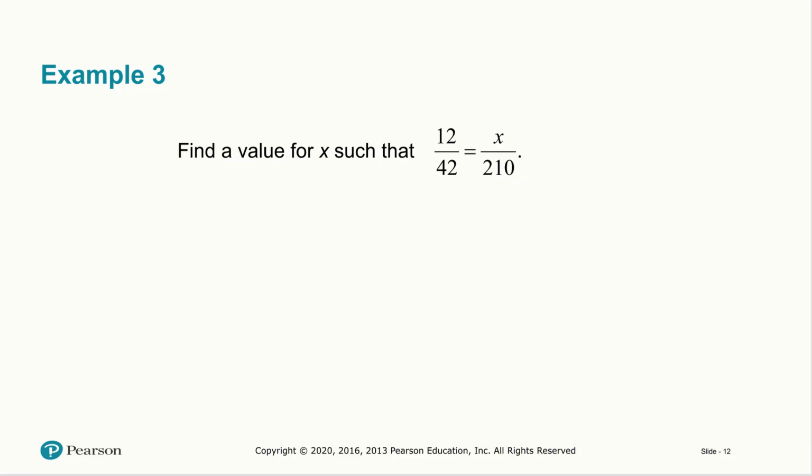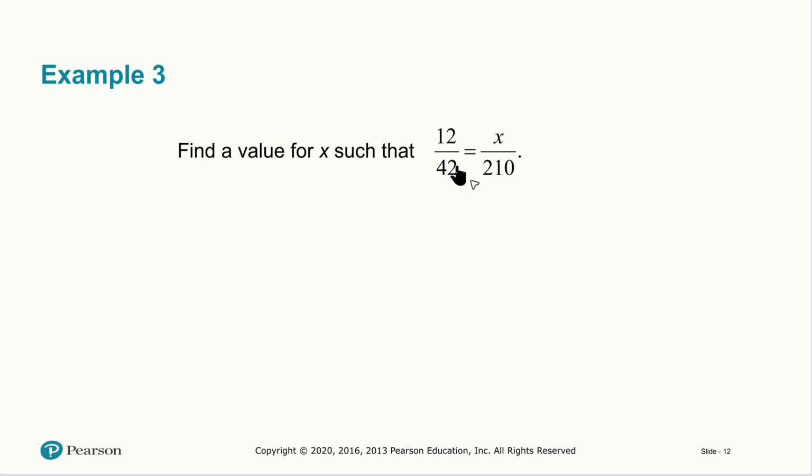Okay, let's go ahead and take a look at a quick application of the fundamental law of fractions, which basically says you can take any fraction and multiply the numerator and the denominator by a fixed number and leave the value of the fraction unchanged. So notice that here all I need to figure out is what I have to multiply 42 by to get 210.